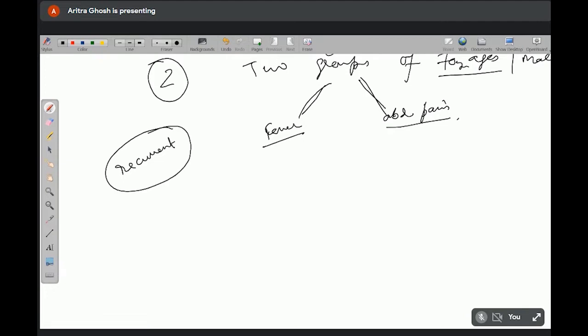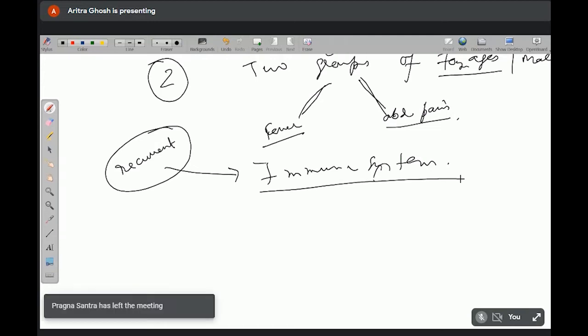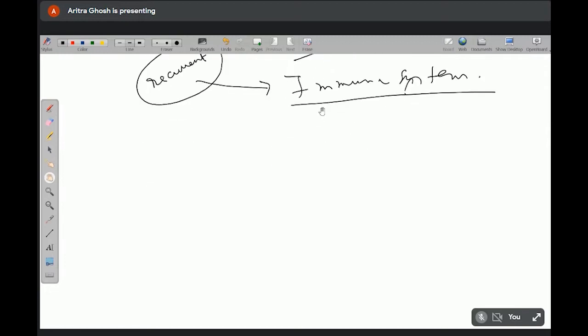So the first line defense mechanisms are there. What are those? It is the barriers. What are those? Skin and mucus. Physical and physiological. Yes, you're right. Physical and also chemical.